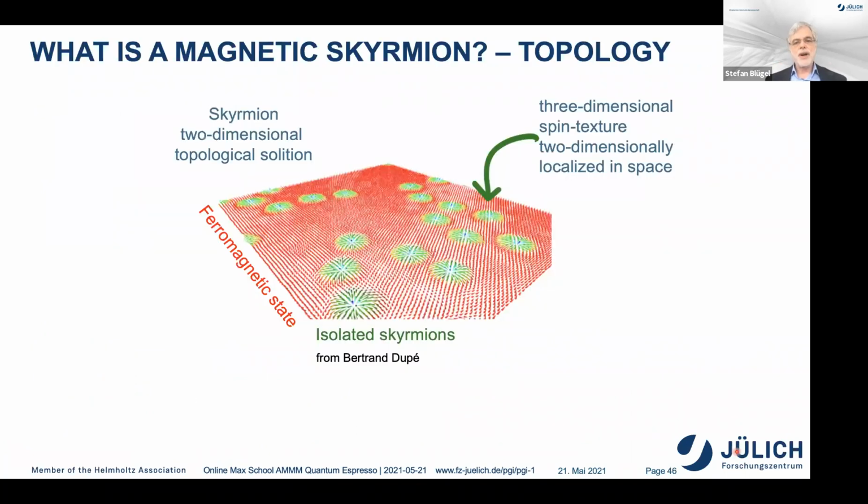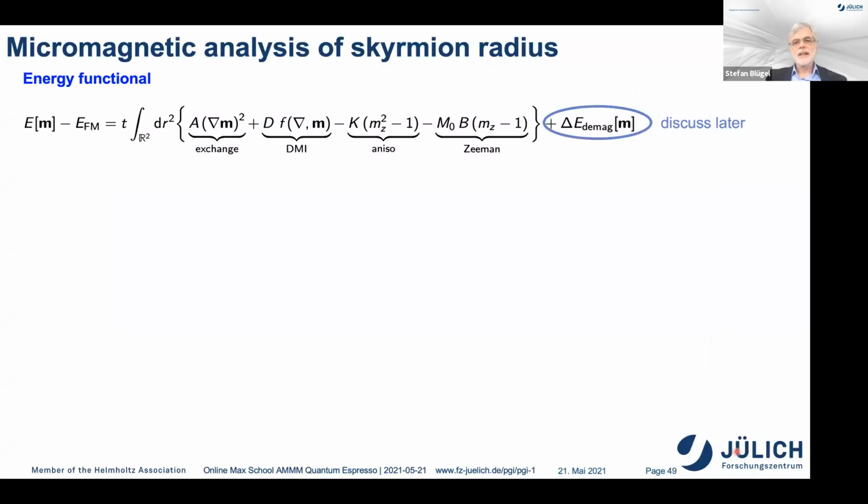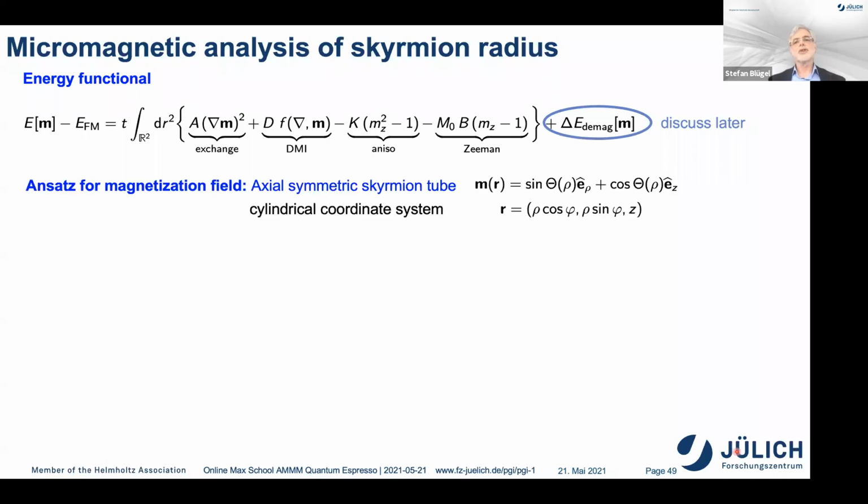Maybe I skip this part and come to the skyrmion radius. So we have studied this micromagnetic energy functional. What I can do now, I'm saying my skyrmion is anyway axial symmetric. It doesn't have to be, but I assume it's axial symmetric.